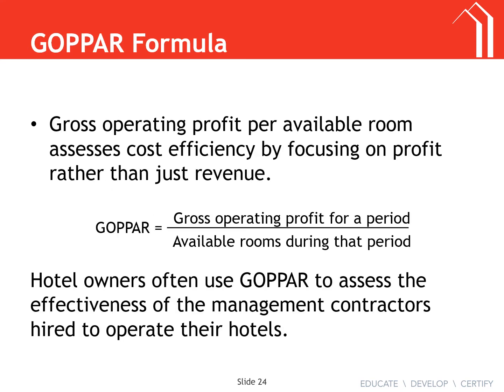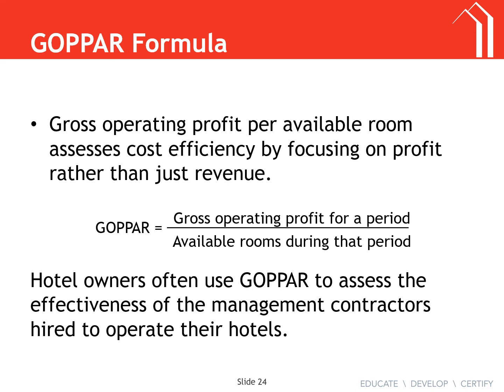Yeah. So GOPPAR helps us look at our cost efficiency, okay? It's our gross operating profit per available room. Oftentimes, if management companies are going after a contract for a hotel, or if their contract is up for review, the investors will look at this gross operating profit because that will tell them how well they are able to manage those variable costs.